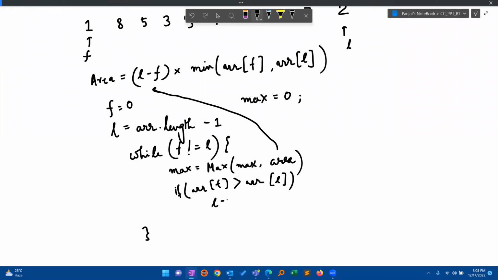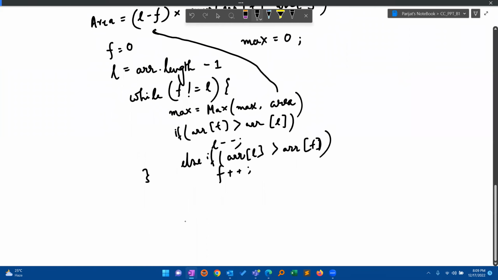We should move the last one. Else, if the reverse is the case, so if arr last is greater than first, obviously we move the first one, right?